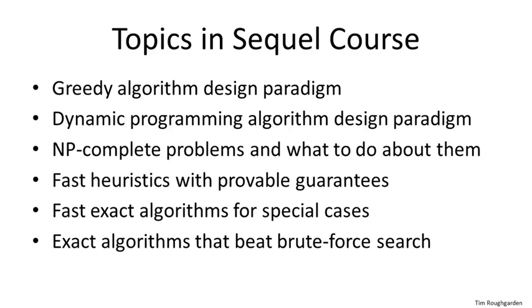We'll also talk about several ways to approach NP-complete problems, including fast algorithms that correctly solve special cases, fast heuristics with provable performance guarantees, and exponential time algorithms that are qualitatively faster than brute force search. Of course, there are plenty of important topics that can't be fit into either of these two 5-week courses. Depending on the demand, there might well be further courses on more advanced topics.